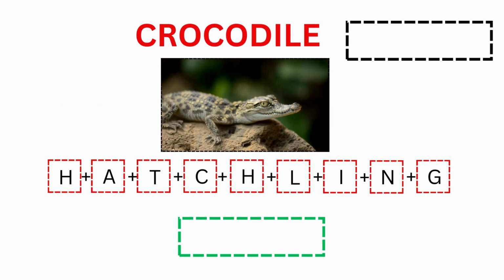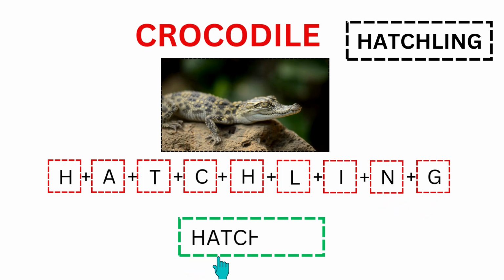Number 37 is crocodile. A baby crocodile is called a hatchling. Crocodile के बच्चे को hatchling कहा जाता है. HATCHLING hatchling.